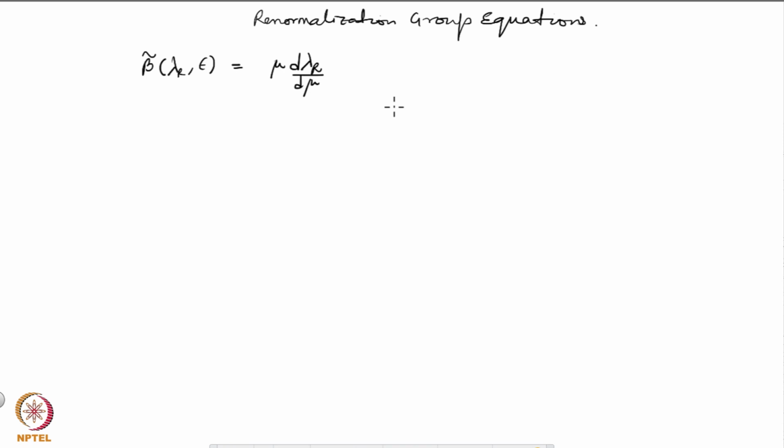Okay, so now before I move on to look at how the renormalized mass should change with the scale mu, I want to make a correction. There is a mistake I have done earlier, which is giving a wrong result for the beta function by a factor of 2. I'll just tell you what that mistake is.